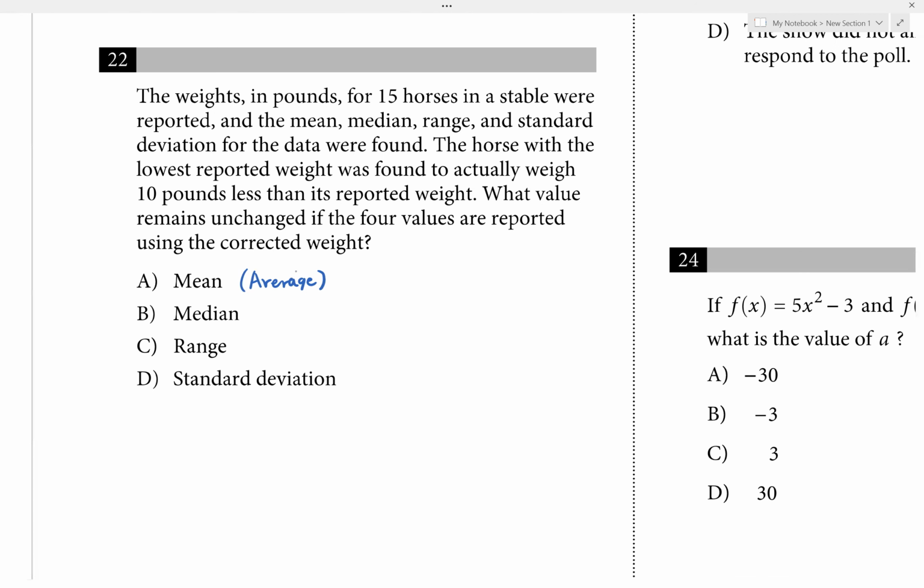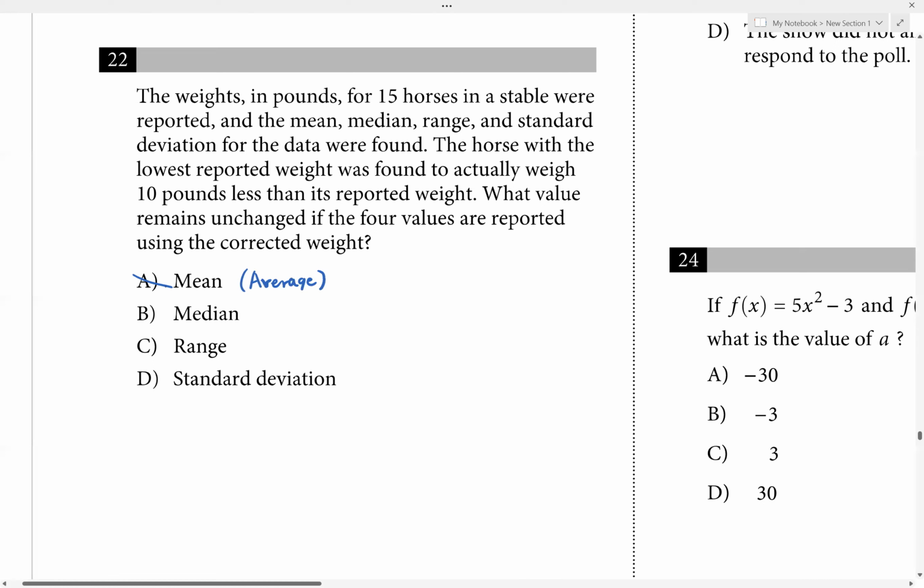Will that change the mean? Well, yes, it will change the mean because only one number changed, so the total decreased by 10 as well. So the mean has to decrease. Okay, so it won't stay the same. Because the lowest weight decreased by 10, it brings down the average. So the answer is not A.